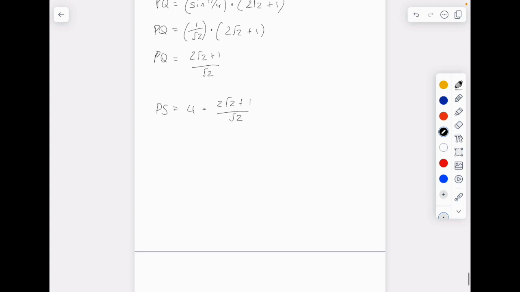If we simplify this out, we can say this is equal to 4 root 2 minus 2 root 2, that's 1. Let's see what I've got here.